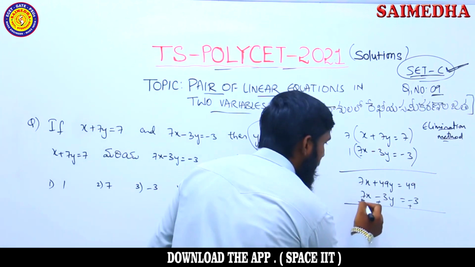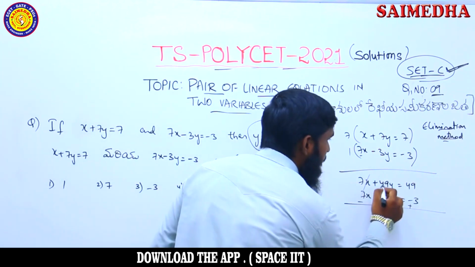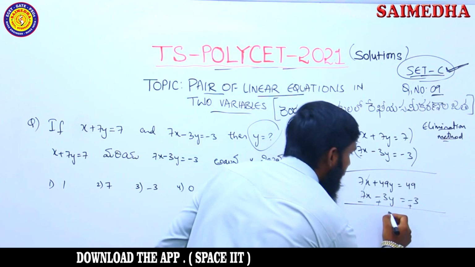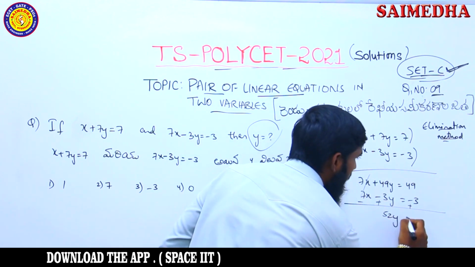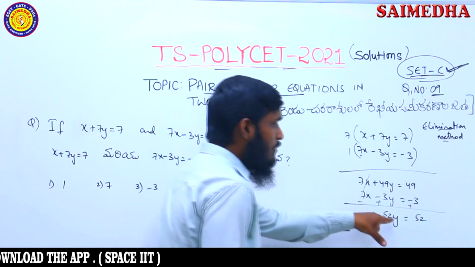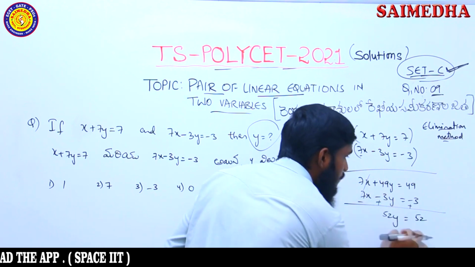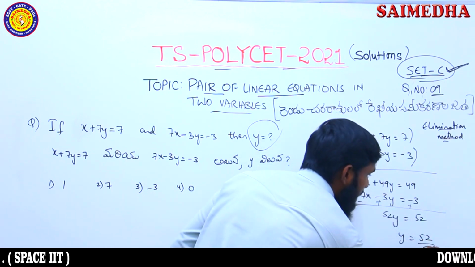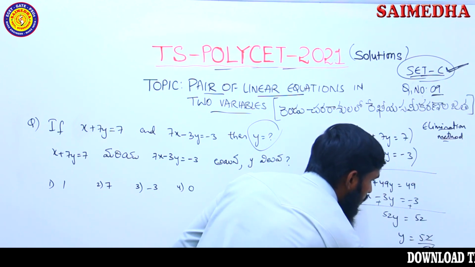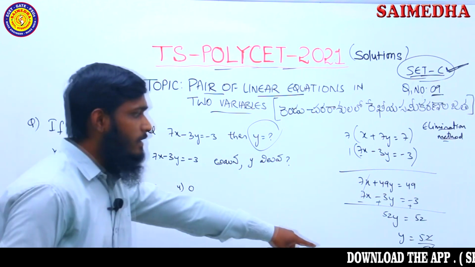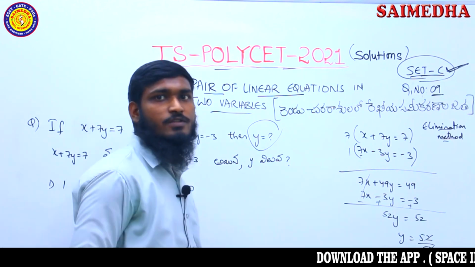So 7x minus 7x gets cancelled, then 49y plus 3y is equals to 52y, and on the right side it will be 52. For finding the value of y, we have to send this 52 over here. So y is equals to 52 divided by 52. After cancelling this, we will get the value of y, which is equals to 1.